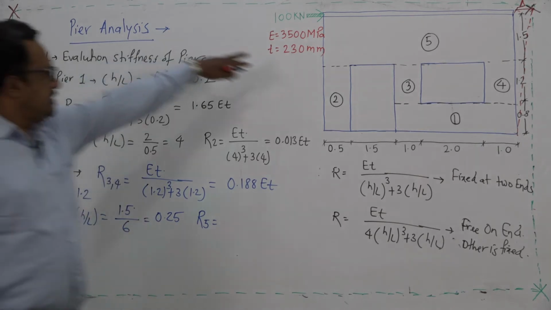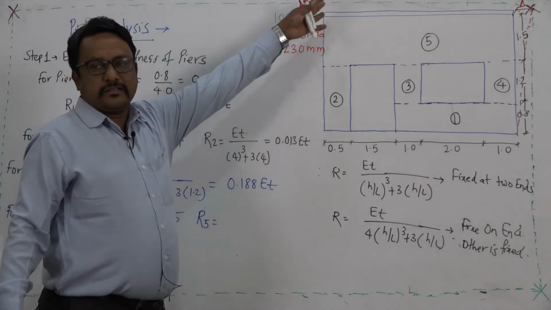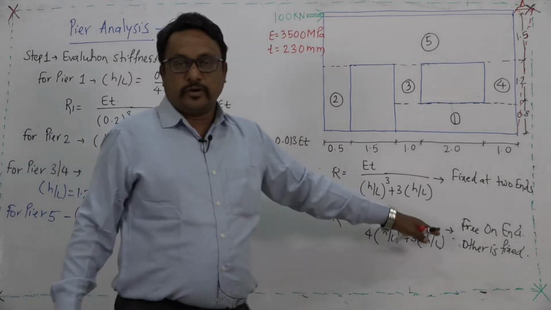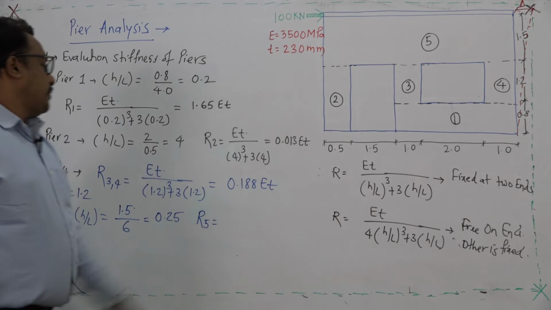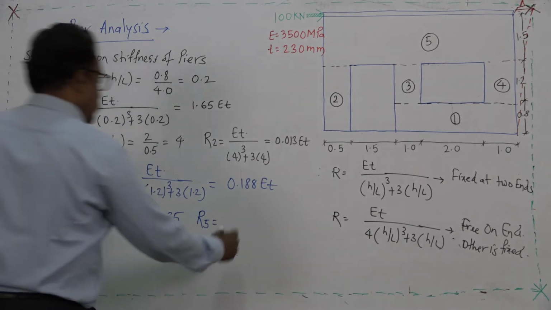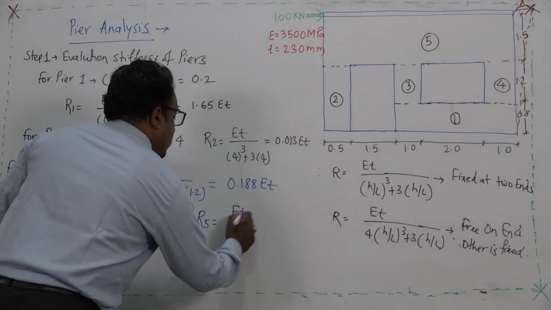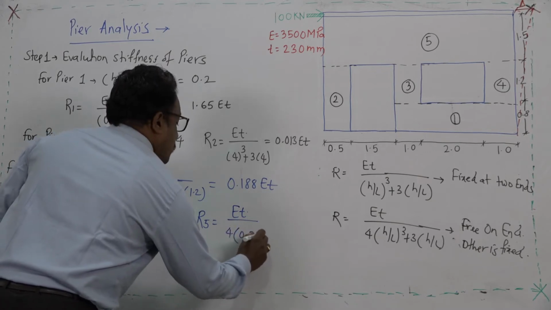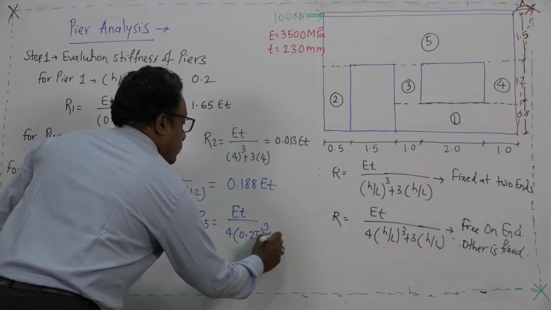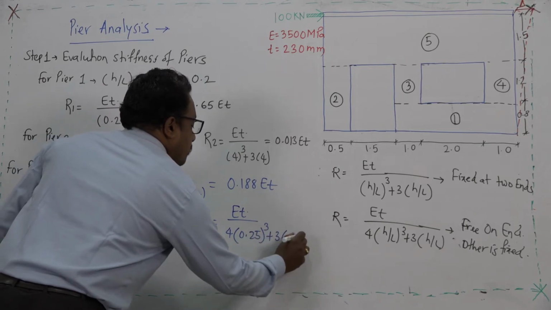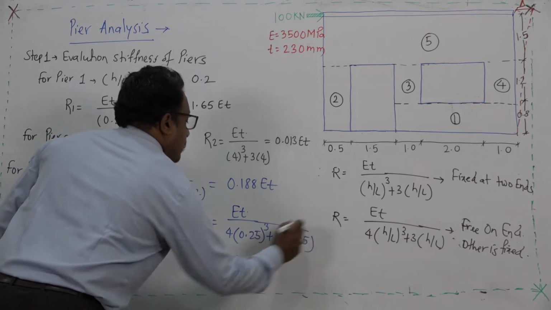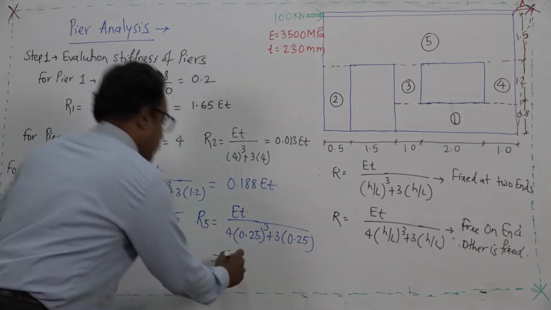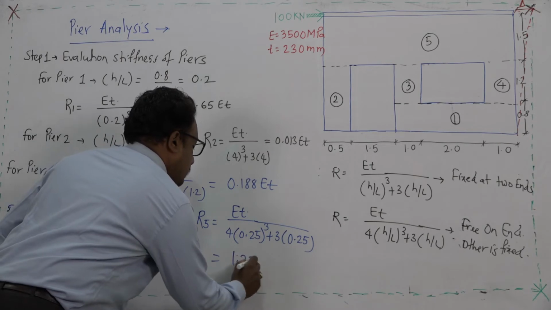Now, as this is the case where one end is free, therefore, we can implement the second formula from ASC 41. So, this is R 5. So, this will be E t divided by 4 times this 0.25 cube plus 3 times 0.25. If we work out this, 1.23 E t.